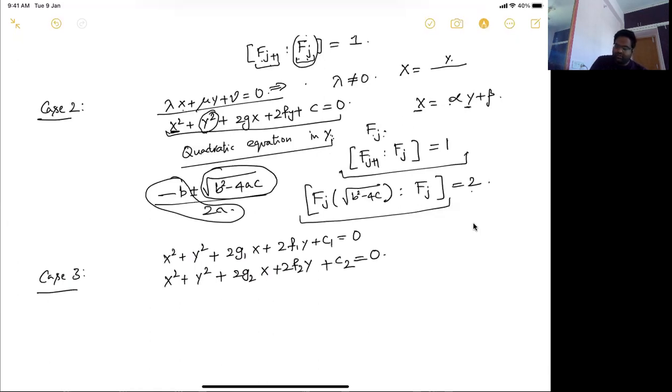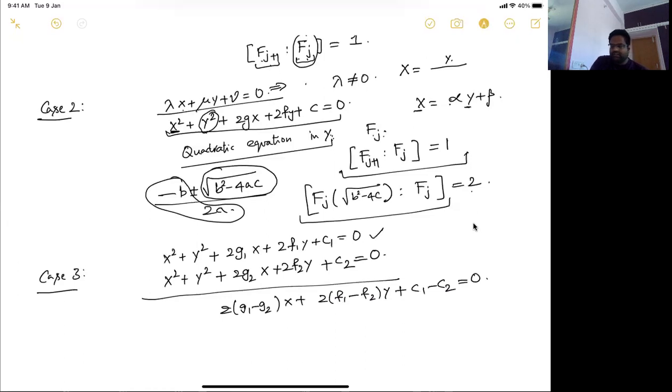Now subtracting these two equations, you will see that 2 times (g1 minus g2) x plus 2 times (f1 minus f2) y plus c1 minus c2 is equal to 0. Since we have already assumed that these two circles are distinct, one of these coefficients must be different.